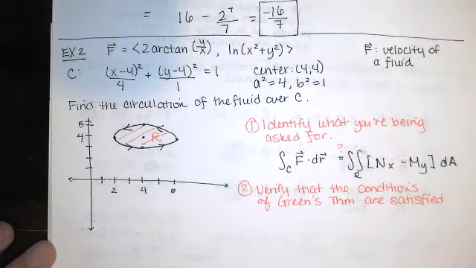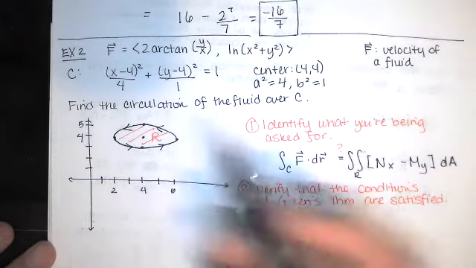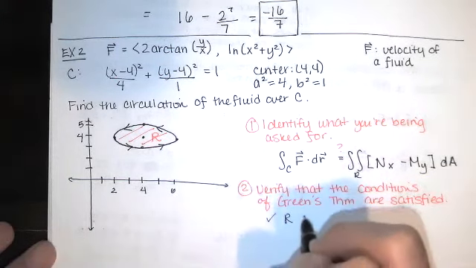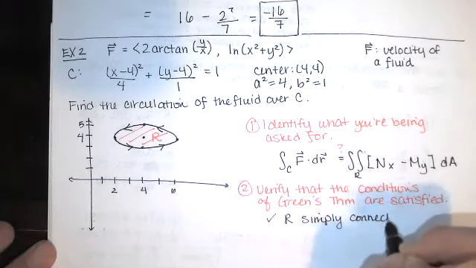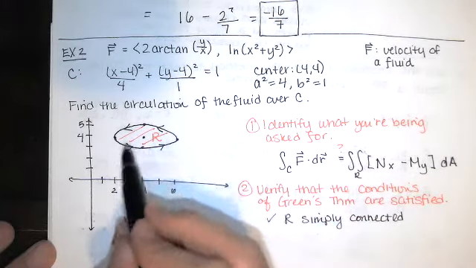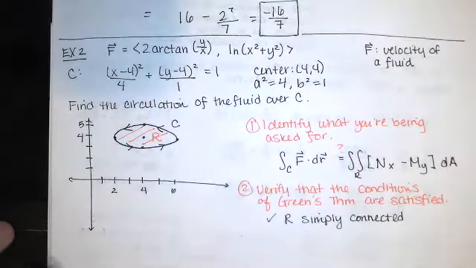What do we need? We need a simply connected region R, and that is simply connected. Do we have a piecewise smooth boundary C? Actually, yes, it's smooth the whole time.